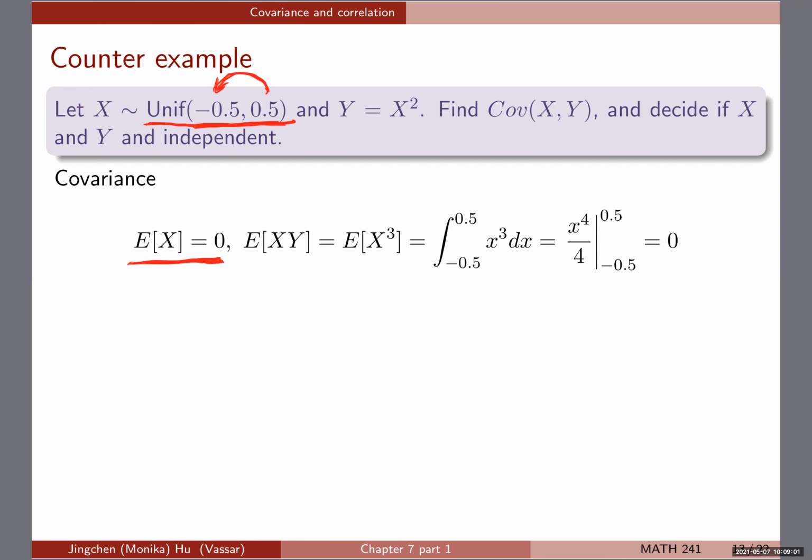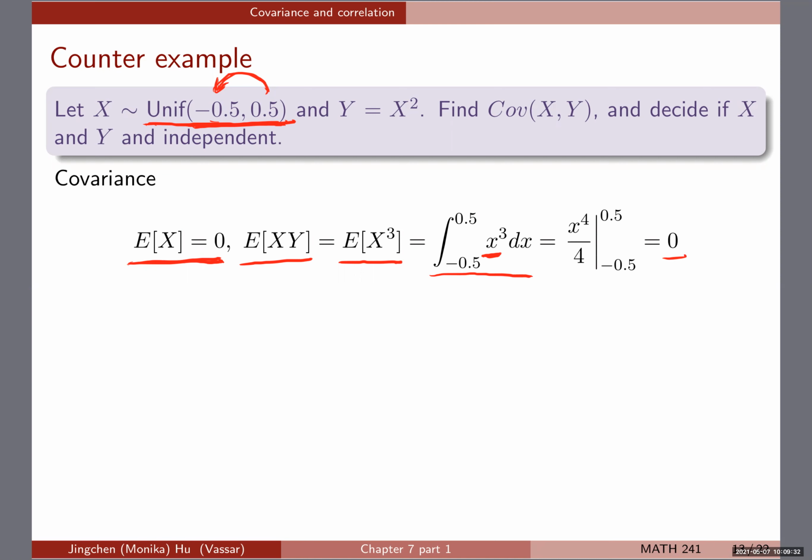Another thing we need to do is find the expectation of x times y. And x times y, as you can see, becomes the expectation of x cubed. For the uniform, the density is 1, since the difference of the two bounds is 1. So this becomes integrating x cubed from negative 0.5 to positive 0.5, which becomes 0.